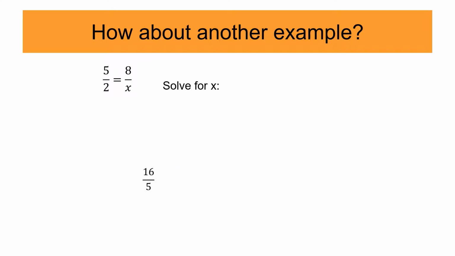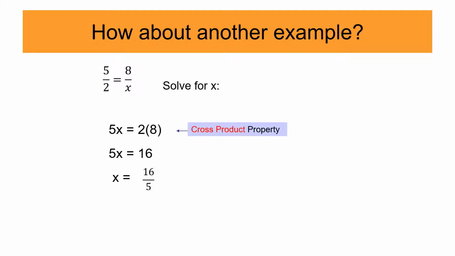Now we solve another example. 5 by 2 is equal to 8 by x. Then we have to find the value of x. So we can use the reciprocal property. 5 by 2 is equal to 8 by x. So we get 2 by 5 is equal to x by 8.